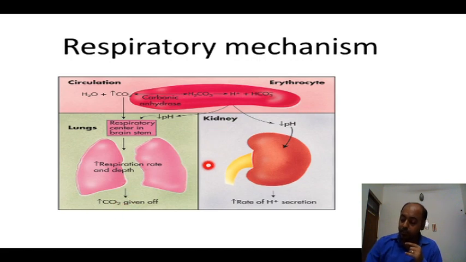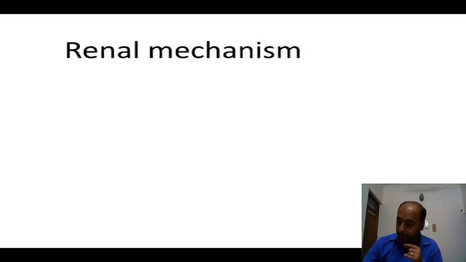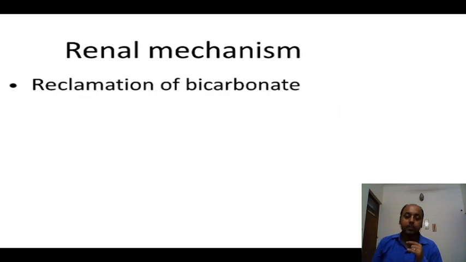Second part is what is happening in the kidney. So we'll take a look at the various ways in which the buffering action is occurring in the kidney. There are three very important mechanisms in the kidney which have the buffering action. Bicarbonate, which is filtered at the renal glomerulus.